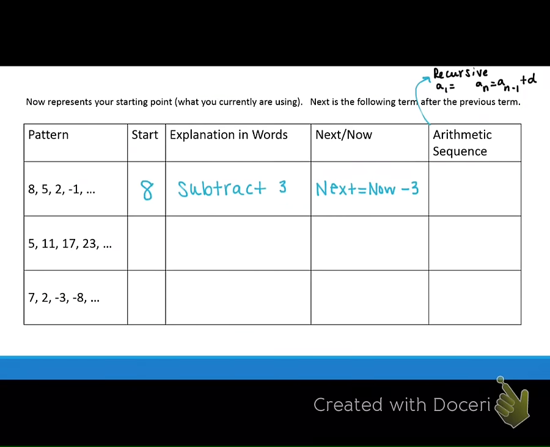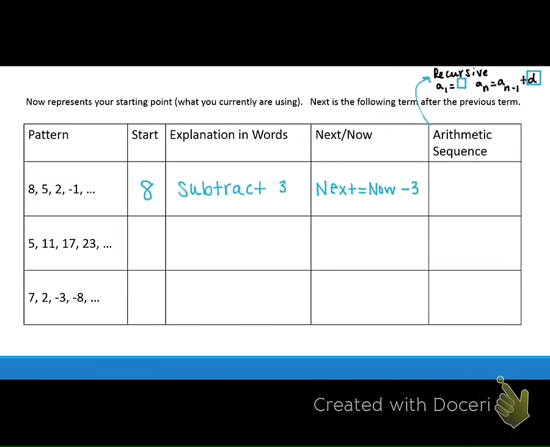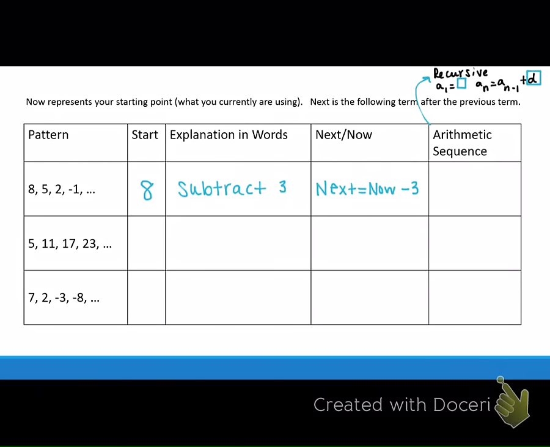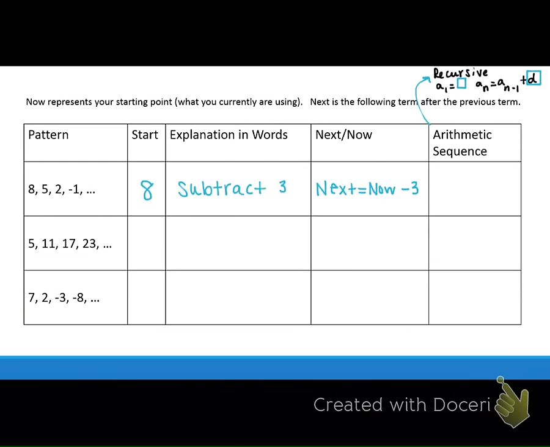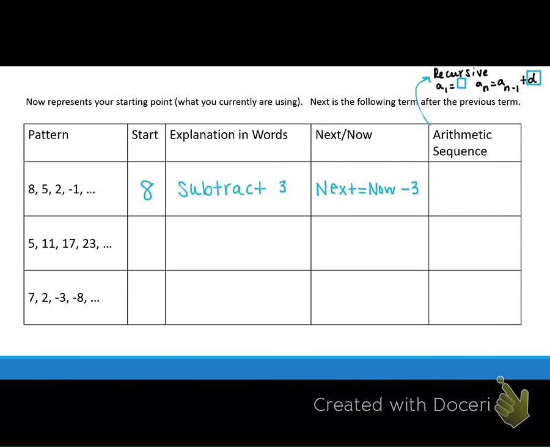So Alex, what is my recursive formula then for this problem? So remember, we're using this formula. So a sub 1 equals what? Okay, and then what happens after that?